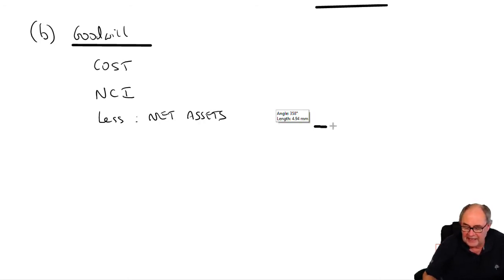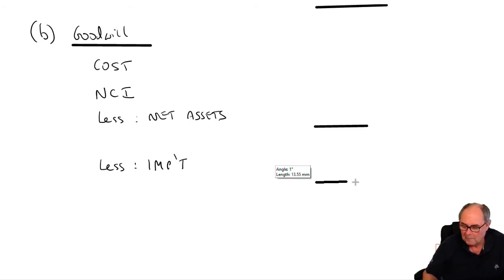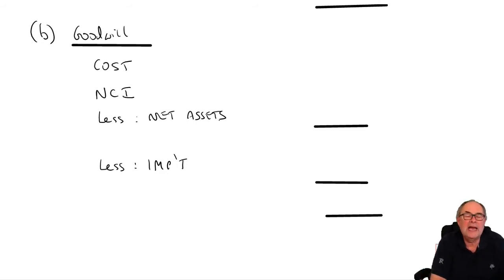And if there is an impairment, that will need to come off as well, less any impairment. So pro forma first, and then try and sort out what the numbers are. So this data will be further down in this scenario.